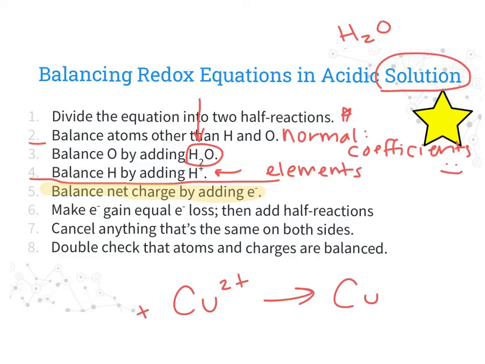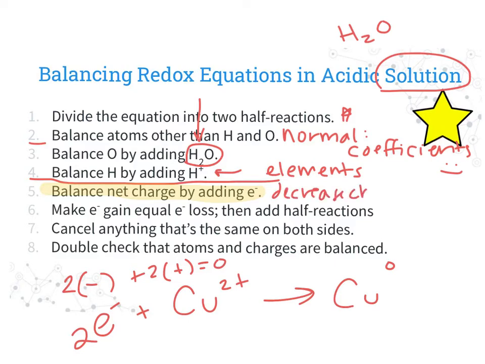And when we add electrons, we always add them to the more positive side. We'll add 2 of these, because this is 2 negatives, and they'll add to these 2 positives and make my 0 the same as the other side's 0. So electrons always decrease the charge, so you always add them to the side that has a positive, the higher, more positive side.